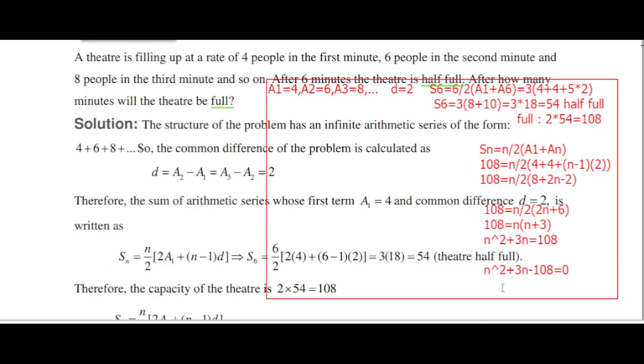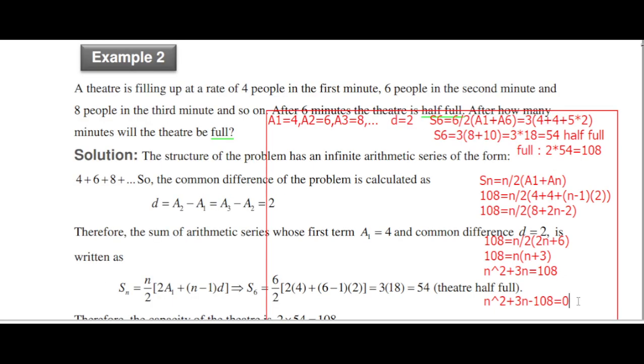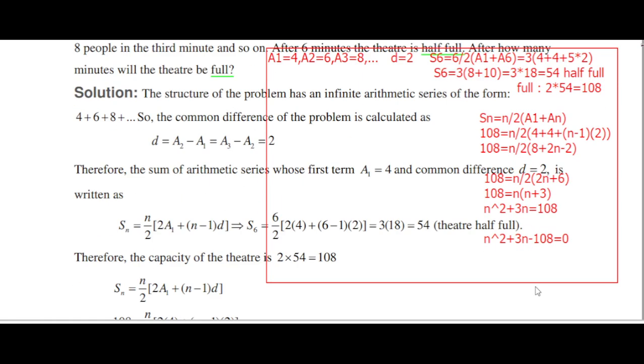This can be factorized as n plus 12, 12 minus 9, 3. n plus 12 times n minus 9 is equal to 0.